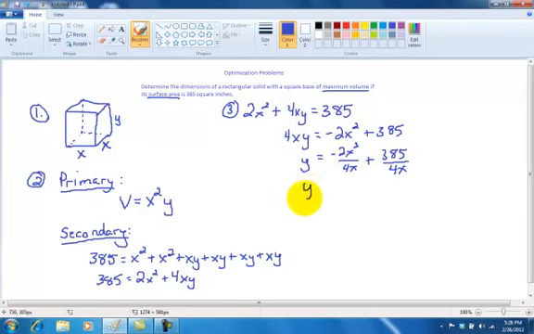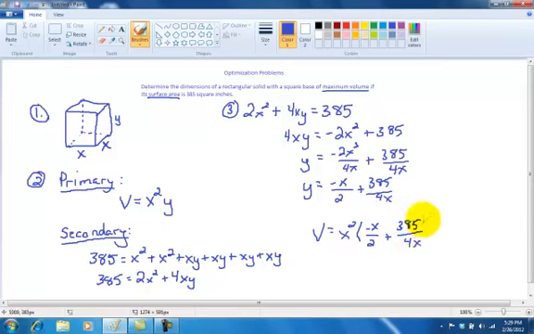Alright, and reduce whatever I need to reduce. Negative x over 2 plus 385 over 4x. Okay, there's my y. I'm going to take this, plug it into my primary. So volume equals x squared times negative x over 2 plus 385 over 4x.